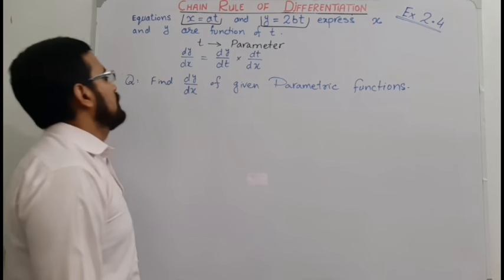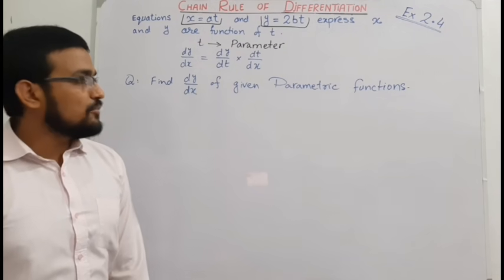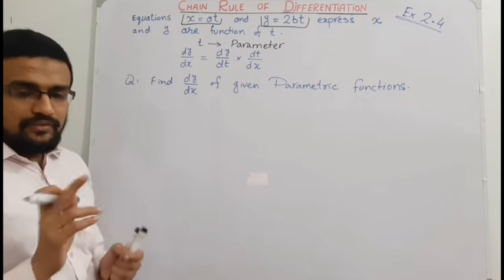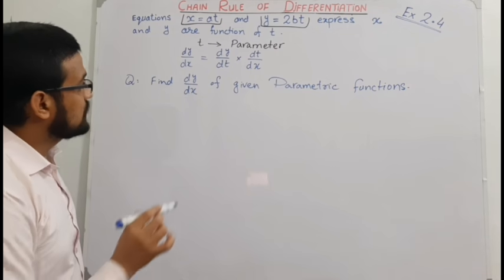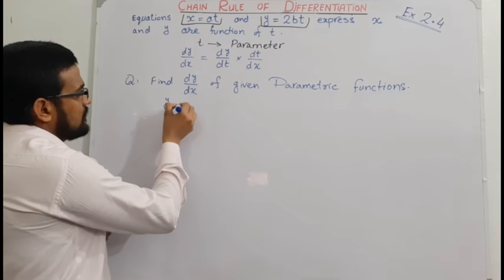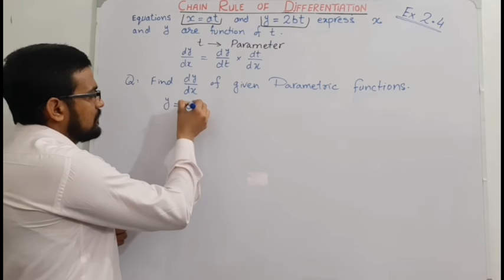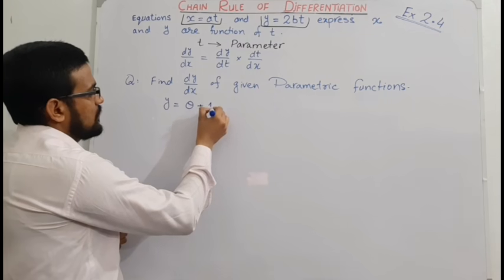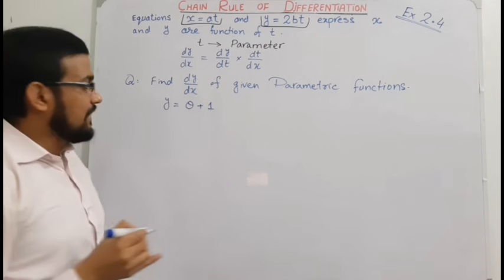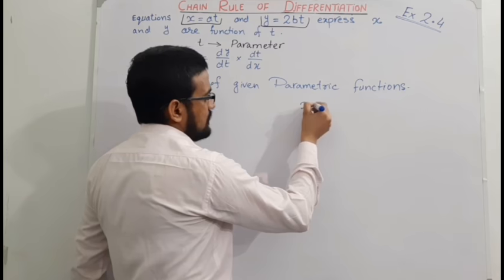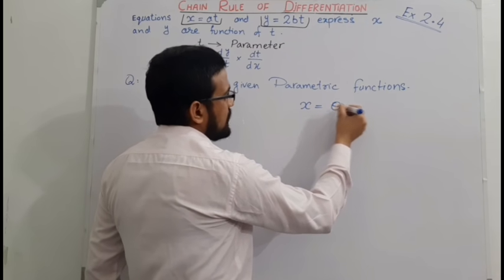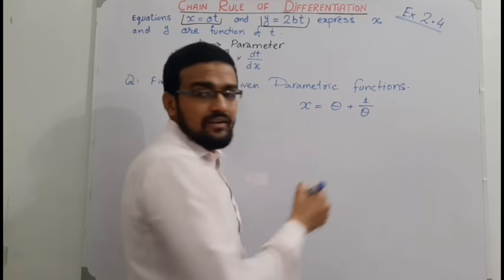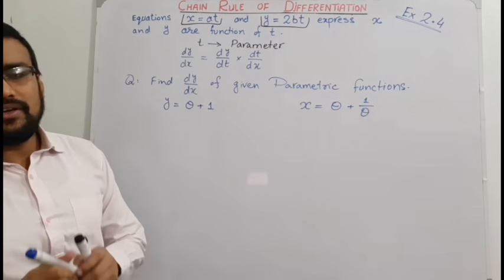Okay, find dy over dx of given parametric functions, and parametric functions are given. Number 1, y is theta plus 1 and x is theta plus 1 over theta.